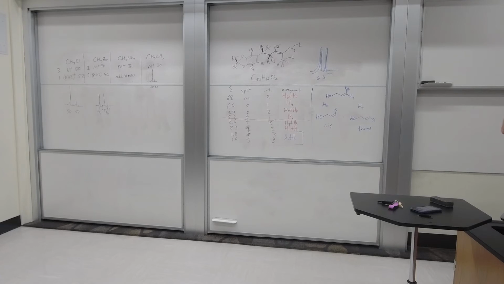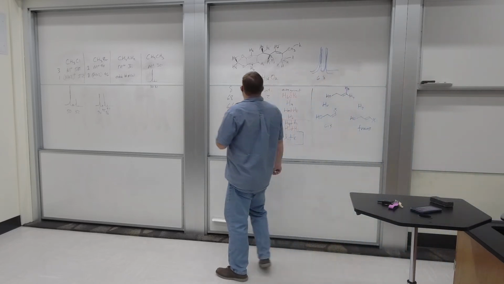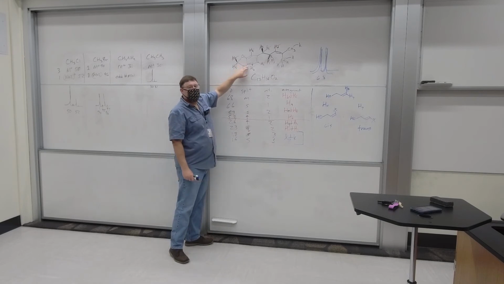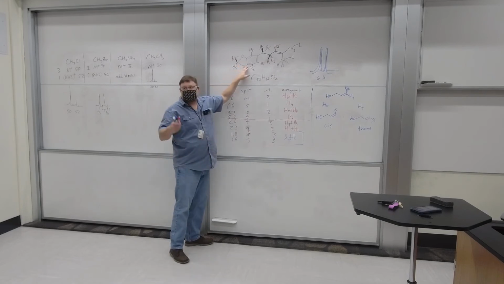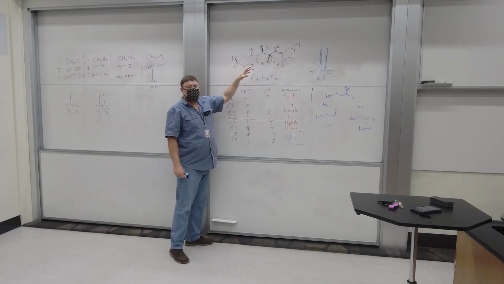What's your vote? If you say 11, which carbons are identical? Which carbons are magnetically equivalent? These are not equivalent. So 13's right. There's actually not any magnetically equivalent carbons in this molecule.